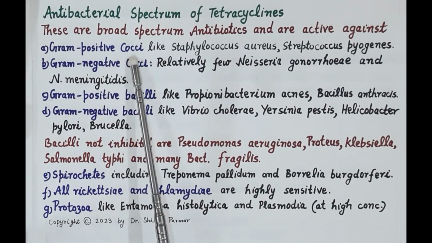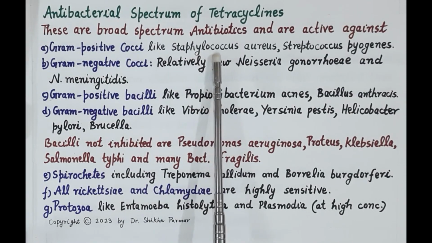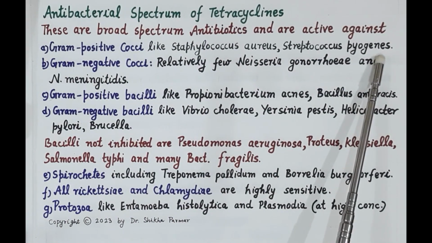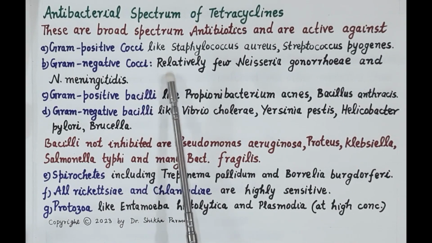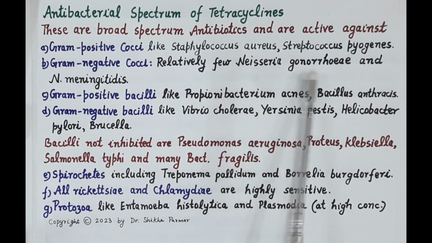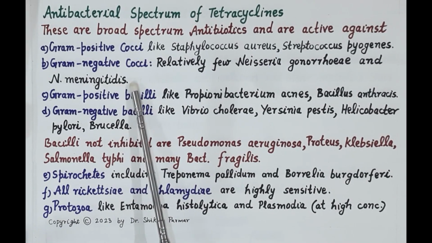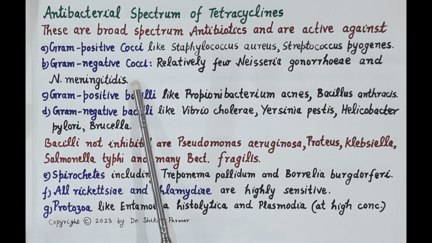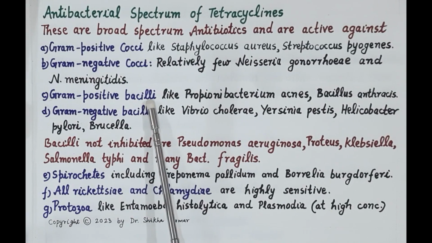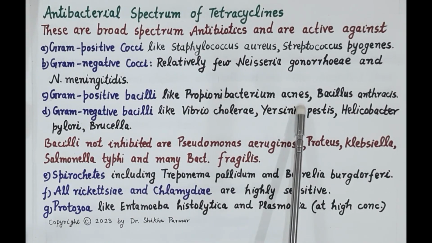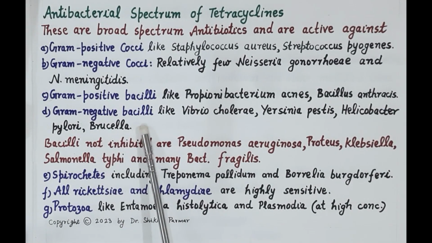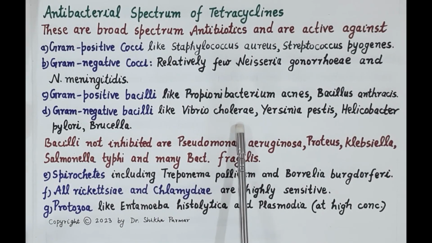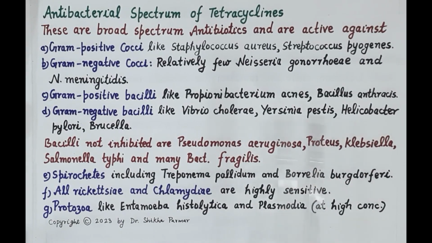So, gram-positive cocci like Staphylococcus aureus, Streptococcus pyogenes, then gram-negative cocci. Tetracyclines are active against a relatively few Neisseria gonorrhoeae and Neisseria meningitidis. They are effective against gram-positive bacilli like Propionibacterium acnes, Bacillus anthracis, effective against gram-negative bacilli like Vibrio cholerae, then Yersinia pestis, Helicobacter pylori, Brucella.